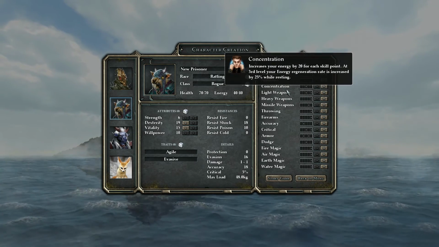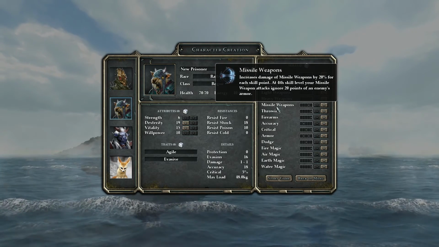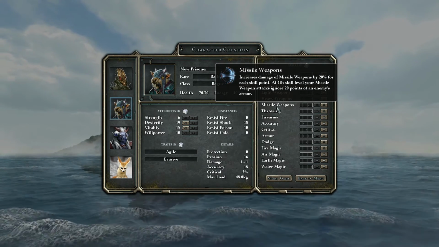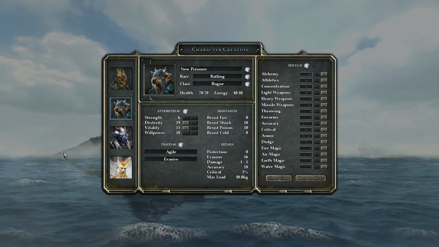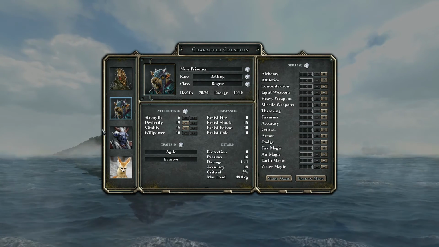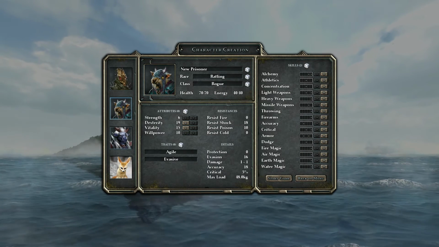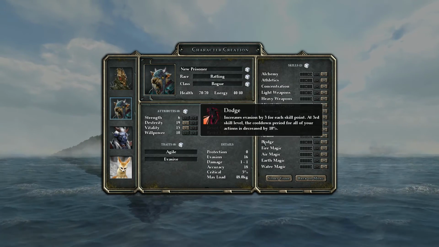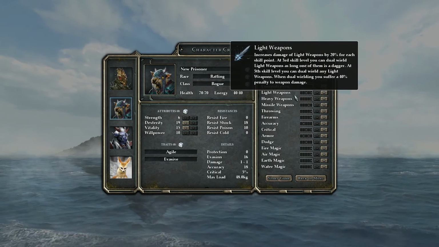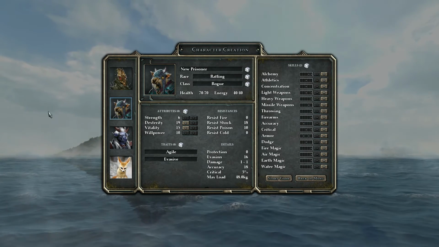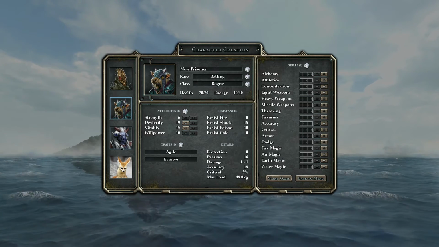Then he's going to take missile weapons up to rank 4. After that he's going to start building into other things, which we'll get to when we come to it. I actually know what he's going to build into, but it's going to be mostly dodge and critical. Maybe athletics for more health, but mostly dodge and critical.